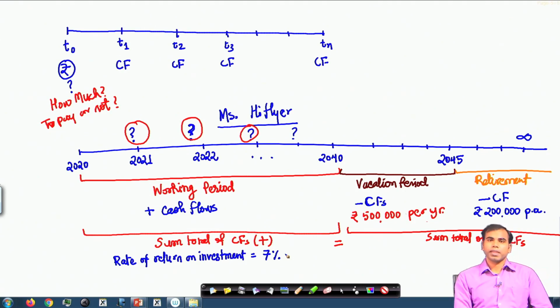Now, I stop here by presenting this problem, which I highlight again. There is an ambitious lady, Miss High Flyer, who would like to earn for 20 years.